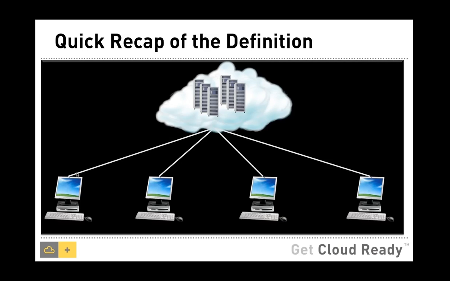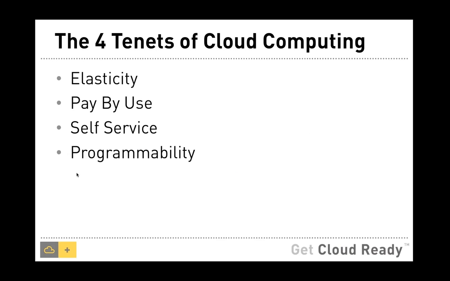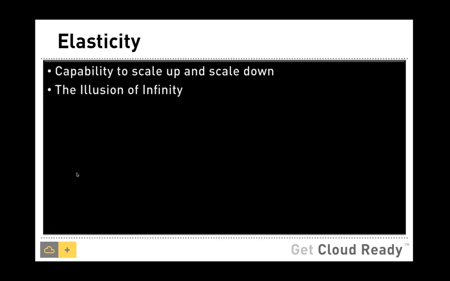So more on those attributes a little later, but that's primarily the quick recap of the definition we have seen in the previous section. So what really qualifies to be cloud? The cloud has to implement four key tenets, four key qualities, four key attributes, and four key rules to be qualified as the cloud. So let's take a look at elasticity.